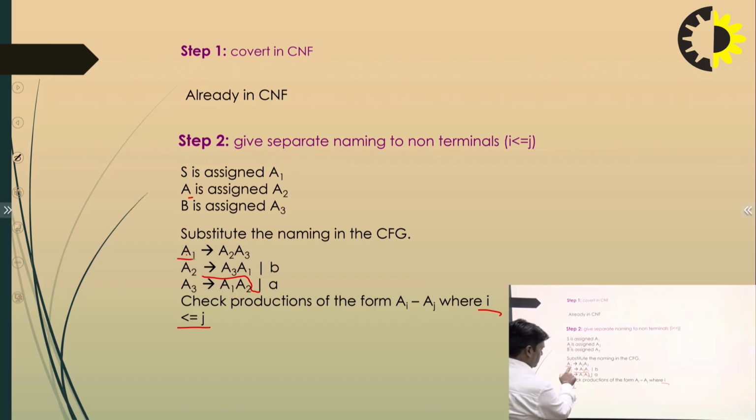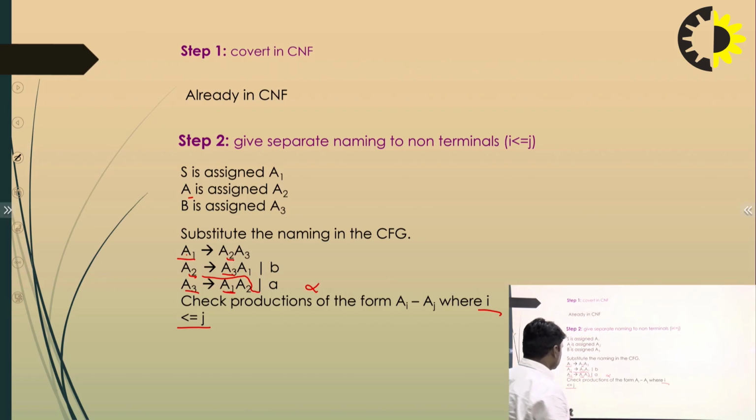Here i is 1, j is 2, it's okay. Here i is 2, j is 3, it's also okay. Here i is 3 and j is 1, that is not in GNF.